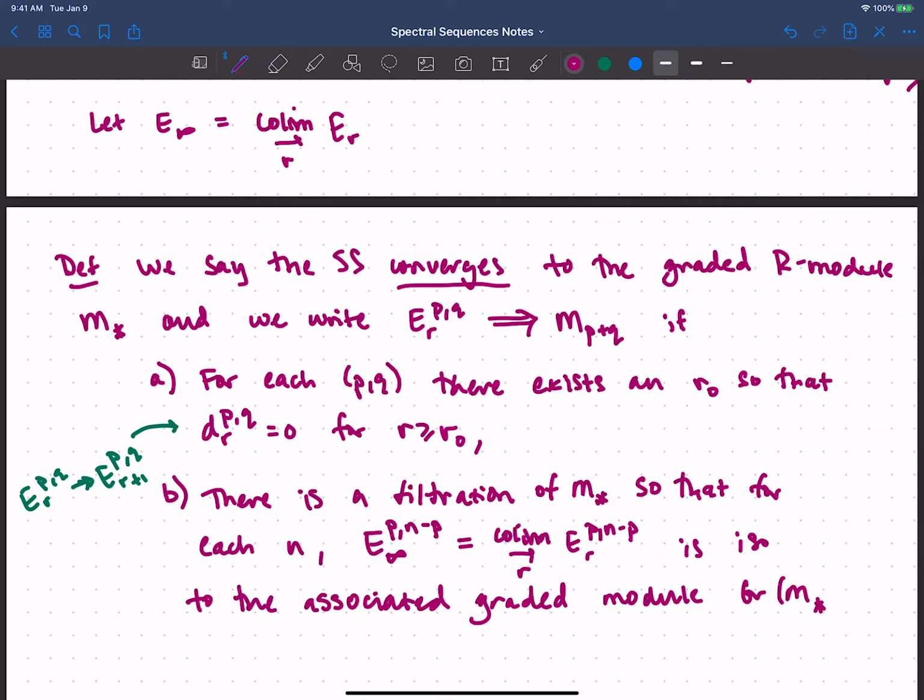We take the associated graded for whatever filtration this is, so just saying there is some filtration, and then we look at that nth associated graded component.